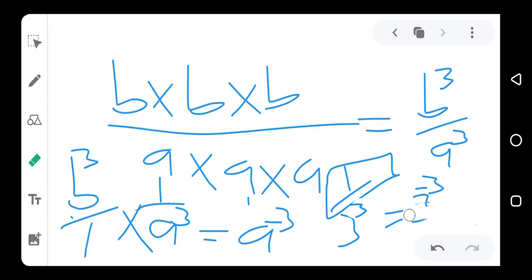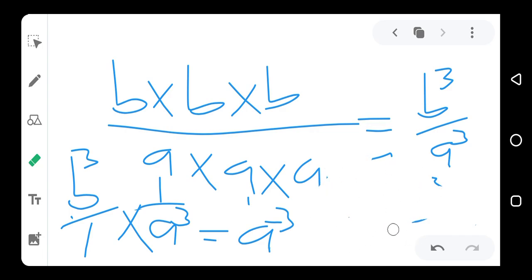So that means that this one now is going to be b raised to power 3 divided by 1. Anything divided by 1 will give you the same number. So b raised to power 3 divided by 1 will give us the same thing as b raised to power 3.